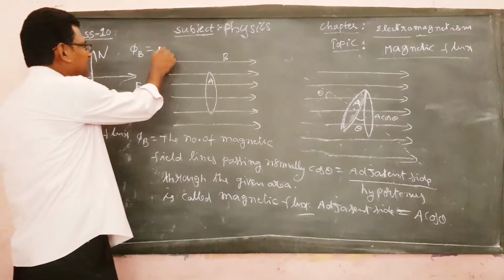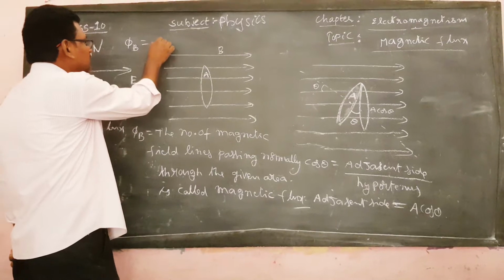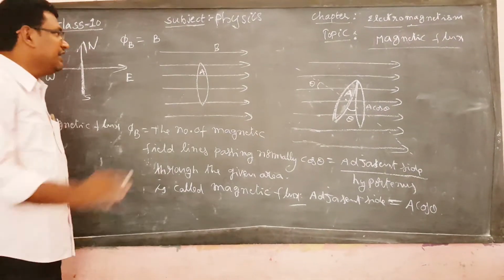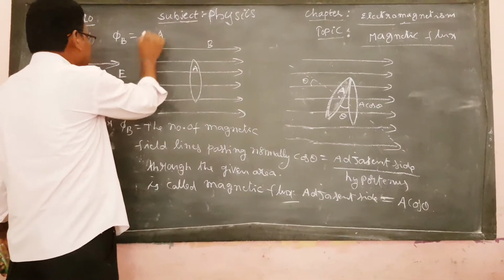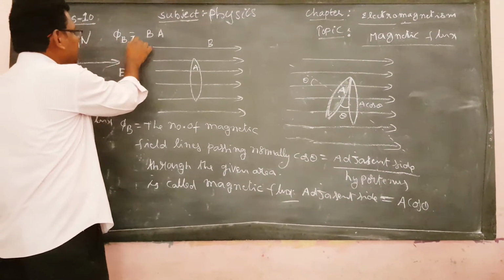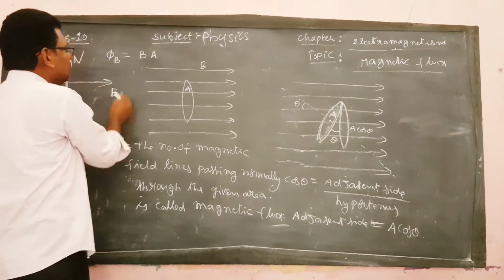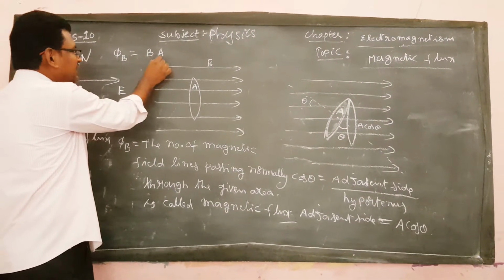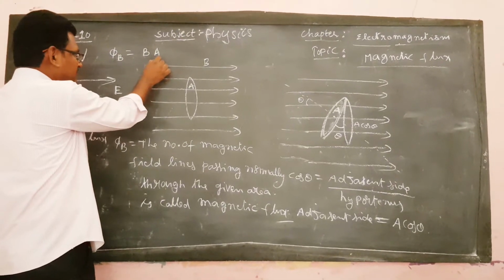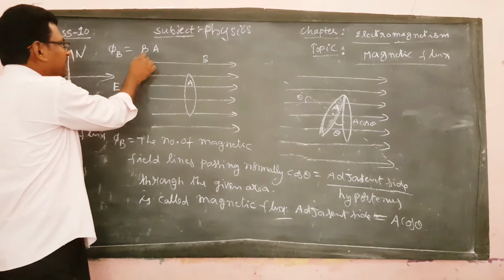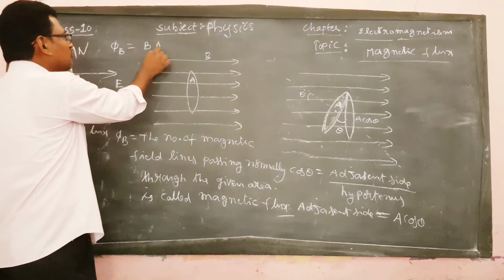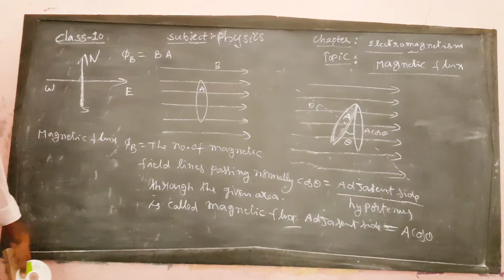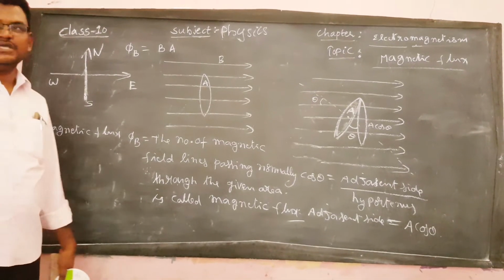So in place of the number of magnetic field lines, I am writing the magnetic field and the given area A. So magnetic flux phi B is equal to BA. The number of magnetic field lines passing normally through the given area is called magnetic flux. So phi B is equal to BA.